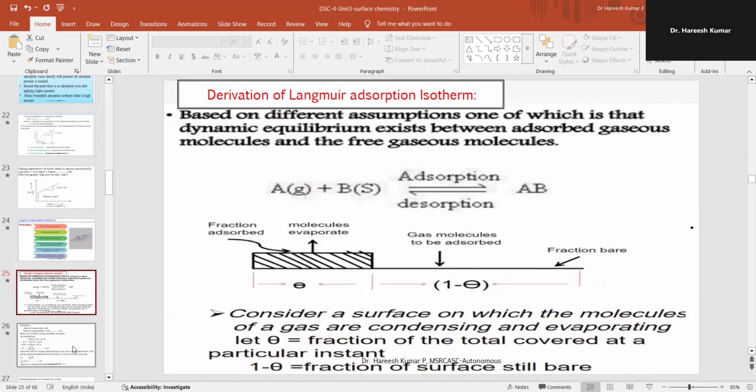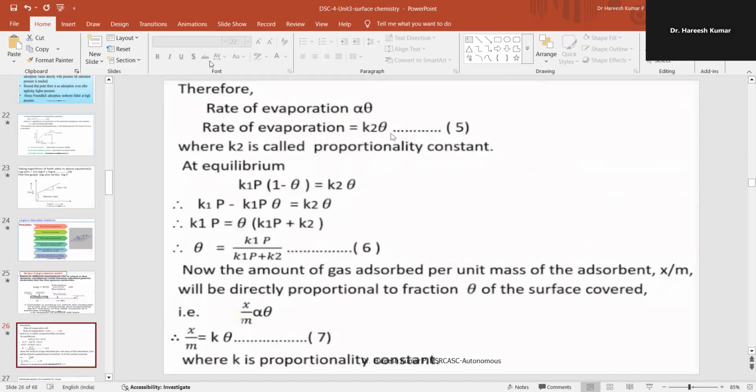Let's go to the next slide. Therefore, the rate of evaporation is directly proportional to theta. Rate of evaporation is equal to K2 theta, where K2 is the proportionality constant. At equilibrium, K1P into (1 minus theta) is equal to K2 theta.